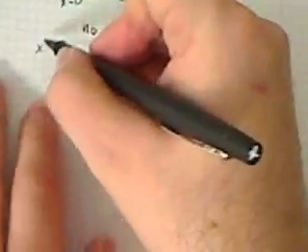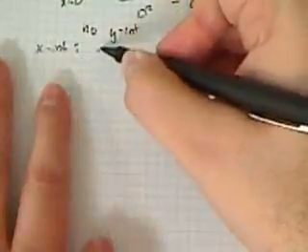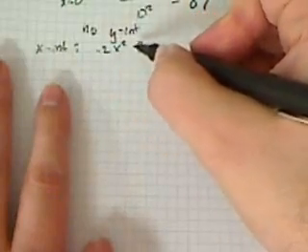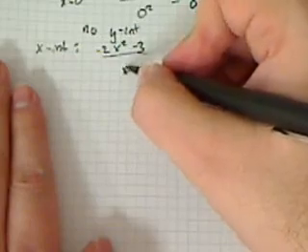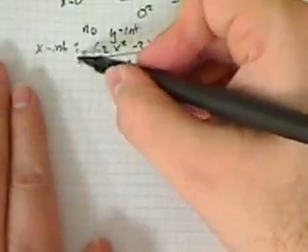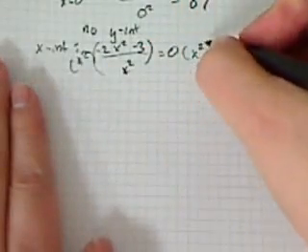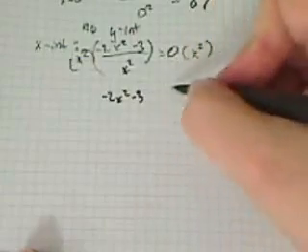The next item we need to do: does it have an x-intercept? So we set our entire equation, (-2x squared minus 3) divided by x squared, equal to 0. I'll start by multiplying each side of my equation by x squared, which would leave me with -2x squared minus 3 equal to 0.